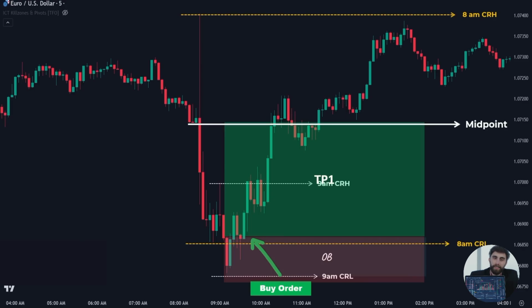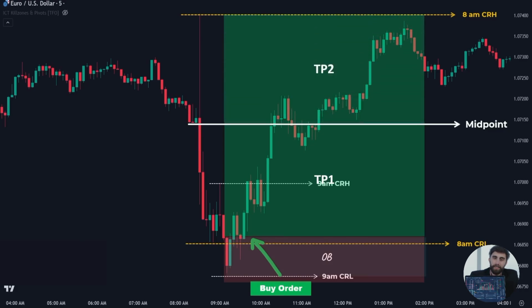For setting the take profit, we have two options. We can aim for the equilibrium or midpoint of the range candle. Or, if you seek a more risky trade with a higher reward to risk ratio, you can aim for the high of the candle range. As you can see, after mitigating the 5-minute order block, the price pushed higher and eventually touched the candle range's high, providing a perfect CRT model entry.